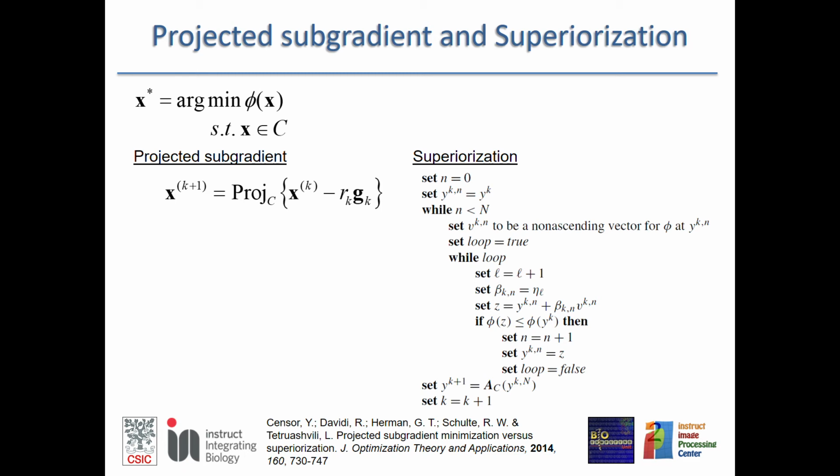Superiorization was one algorithm that was proposed by Censor and Gabor Herman. These people are very well known in iterative 3D reconstruction, and they have contributions to cryo-EM also. This superiorization is a way of incorporating a priori constraints.